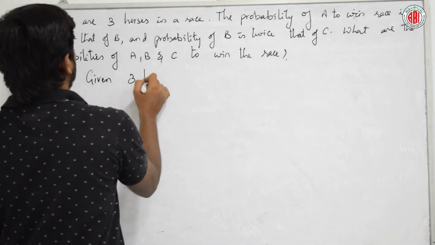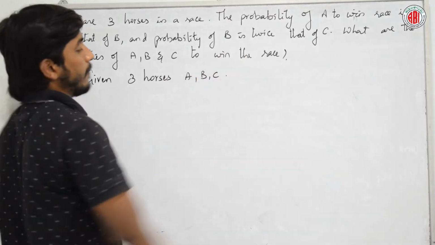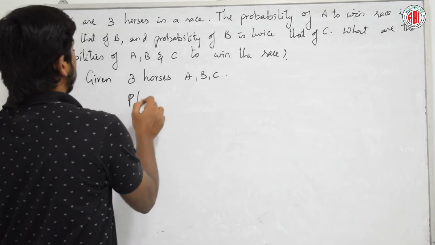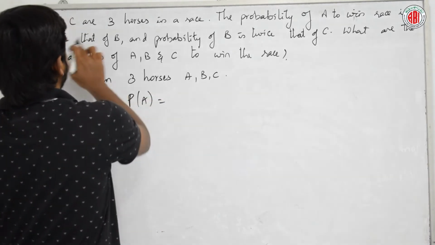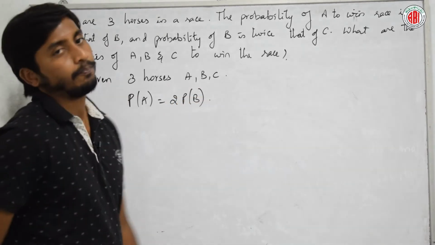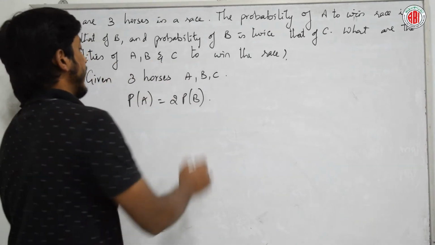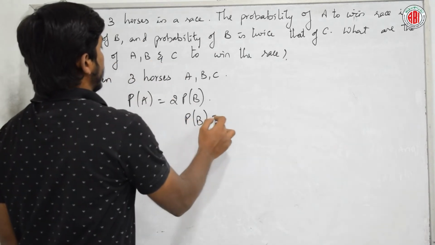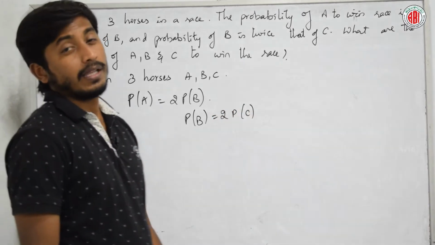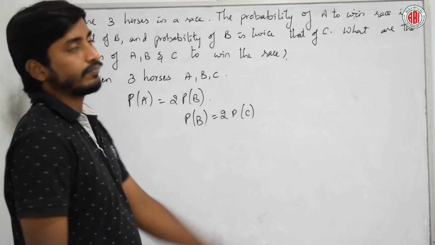Given 3 horses A, B, C. The probability of horse A is twice that of horse B. Next, the probability of B is twice that of probability of C. Then he is asking us to write what are the probabilities of A, B, C.